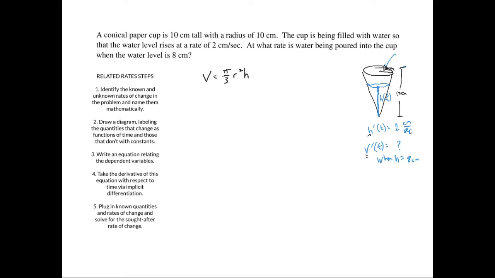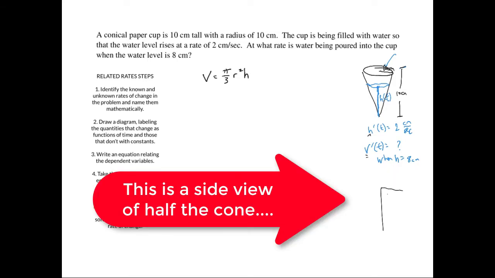Now, in this problem, we know rates of change of h and v, so we want to have those things there when we take the derivative. We don't know anything about the rate of change of the radius, so we don't want that r to hang around at all if we can avoid it. So what we can do is look at this cone from the side. We'll look at half of it.